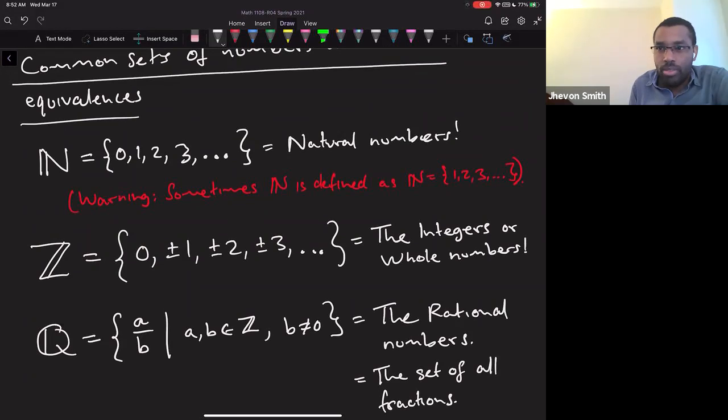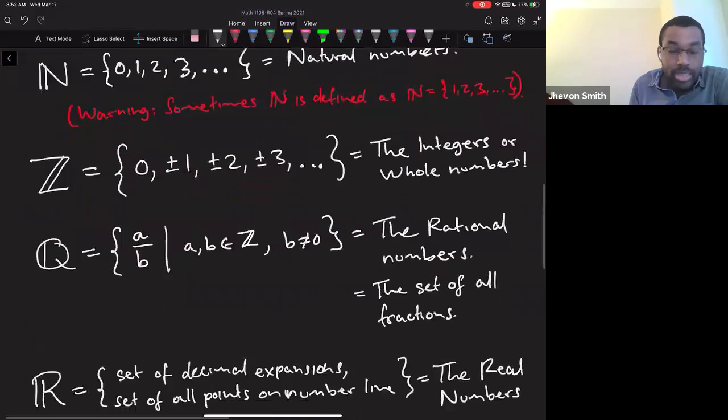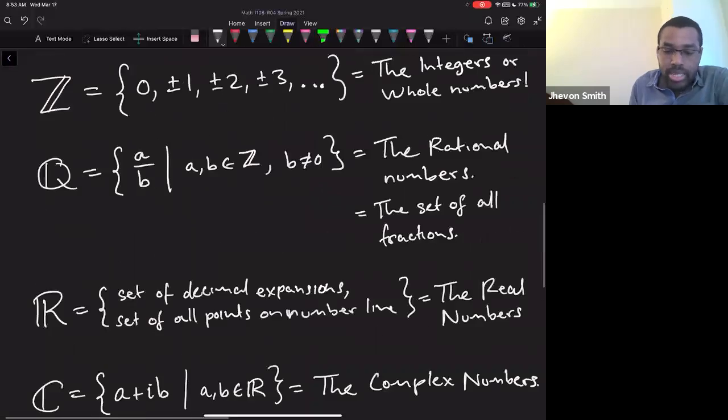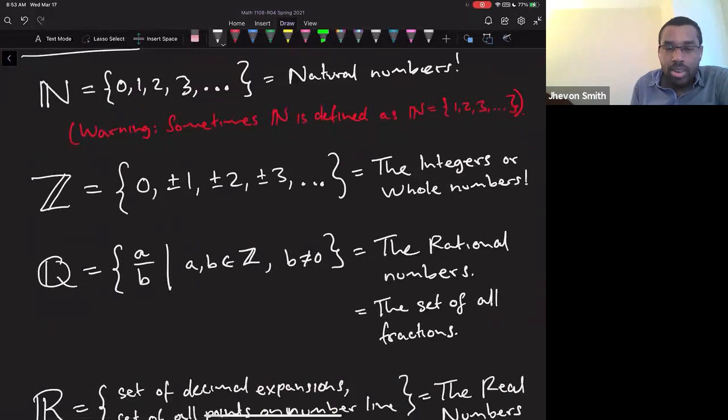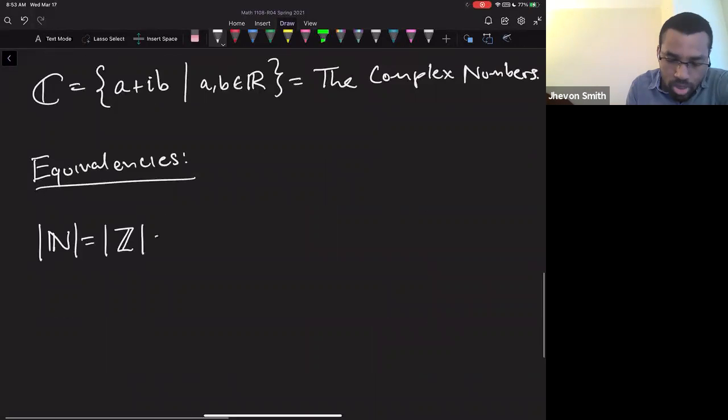It's the same size. And in fact, when I take all these positive and negative numbers and create new fractions with them, so I take the integers and throw in a half and 3/4 and 15/17, and all these new things, it turns out I don't actually get more things. That still has the same number of things in it.